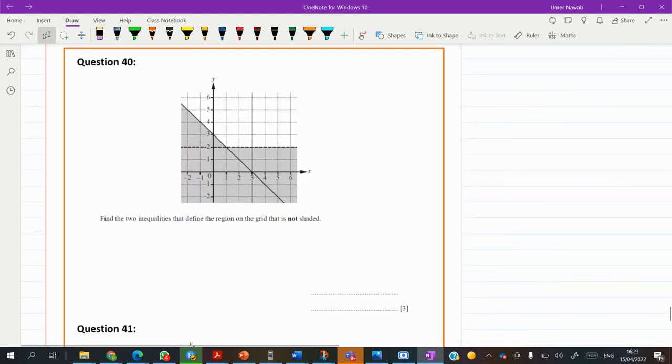Question number 40. Two inequalities that define the region, the one that is not shaded. So this inequality's equation is y equals 2. We want to take the upward portion, so y is greater than 2. And then I have to write the equation of this line.